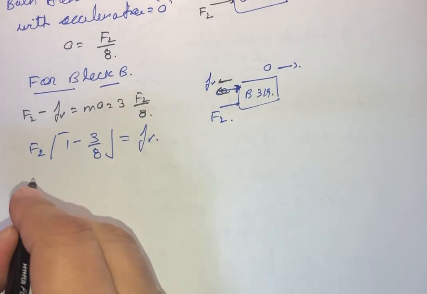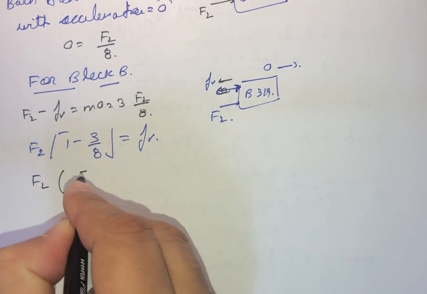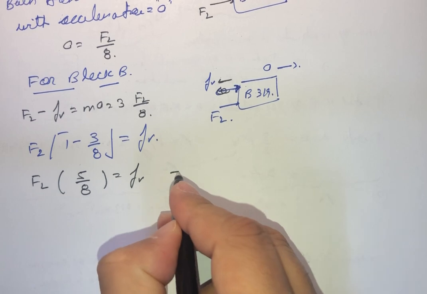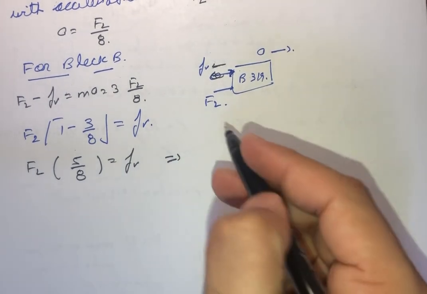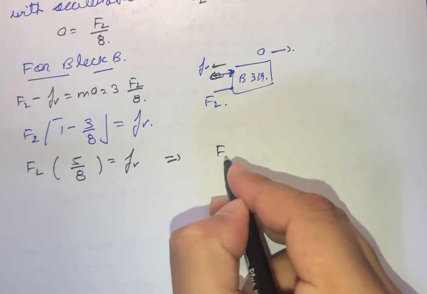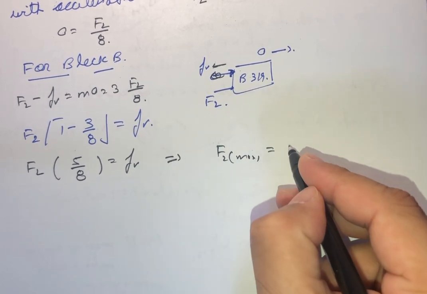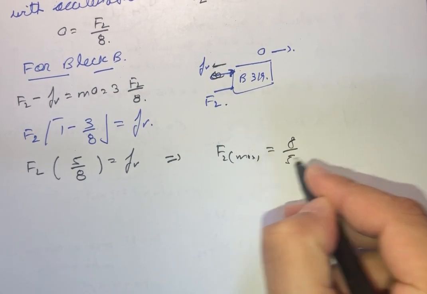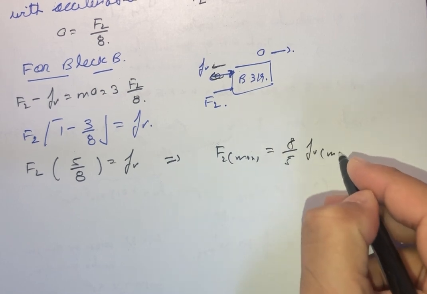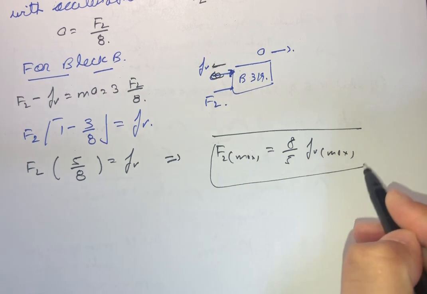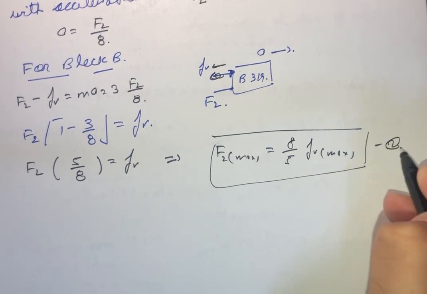Here we can say F2 times 5/8 is equal to Fr, and once again we can write that F2 max is equal to 8 upon 5 Fr max. This is equation number 2.